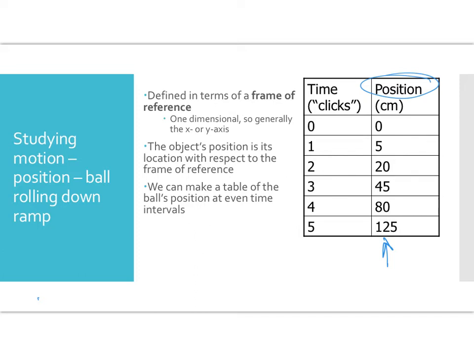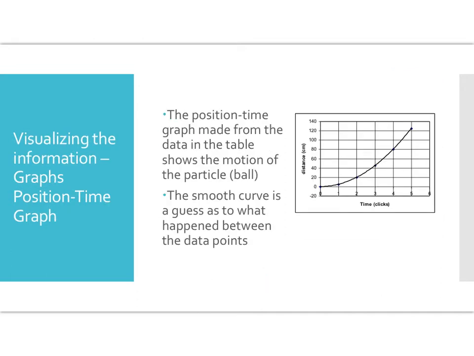So position is one of the first things we would talk about when we're talking about the information we want to know about an object as it's moving. Normally we're going to designate the position by either x or y as our variable. Usually we use x when we're talking about horizontal motion, and y when we're talking about vertical motion. We saw this as well when we got this information about the ball going down the incline, and we were able to make a graph. This graph should be called position, and it's measured in centimeters.